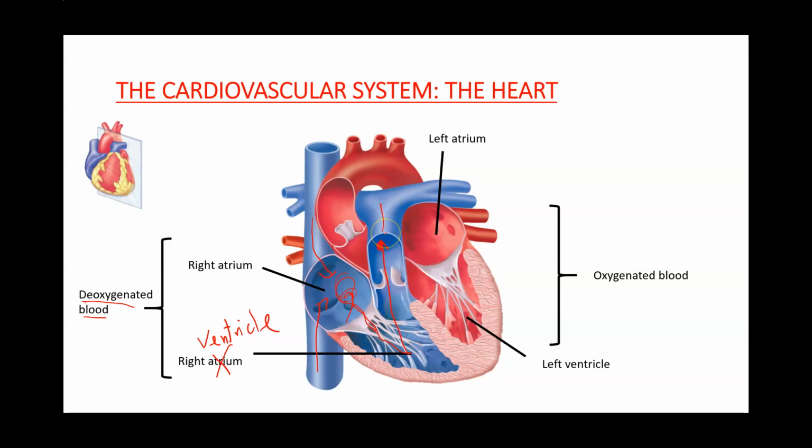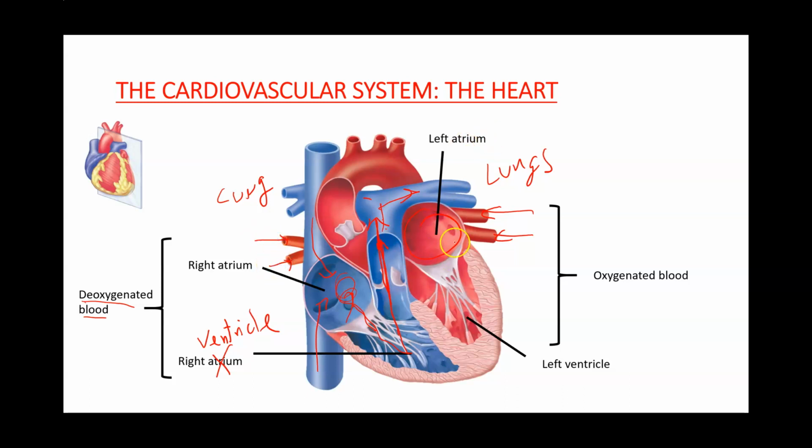Notice that it's painted blue because again it's carrying the deoxygenated blood, and the blood vessel, notice the direction of the blood, which means it's going away from the heart, so the blood vessel will be an artery. And it's going to direct the blood to the lungs, to the left lung and the right lung, where the blood is going to be oxygenated, and from there is going to come back oxygenated into the left atrium.